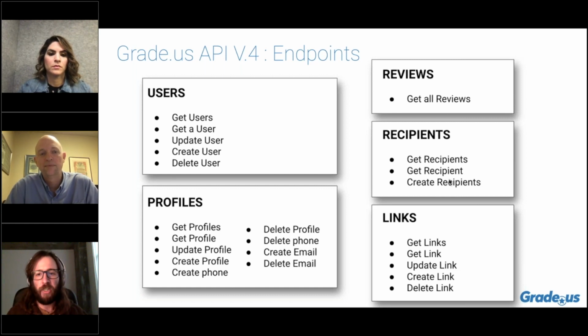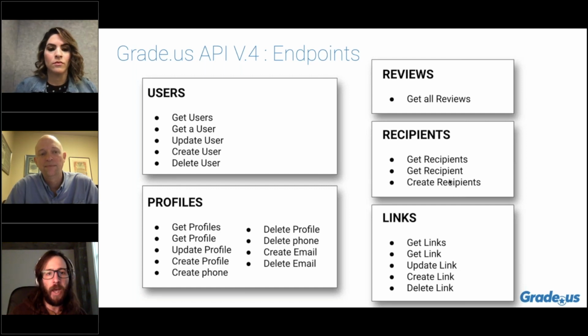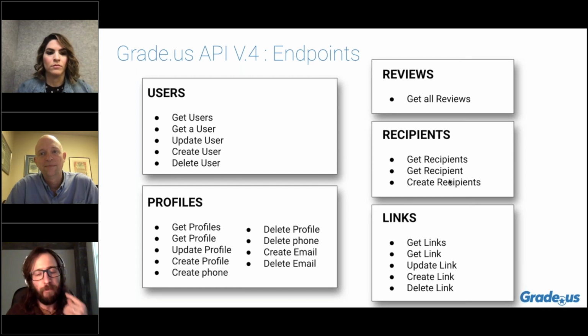Then you would send out the email for the review request, because we know with review management, the timing of that review request is going to be essential. So being able to automate this whole process through the recipients and the emails and the SMS is really going to increase your value of using Grade Us for review generation, right?